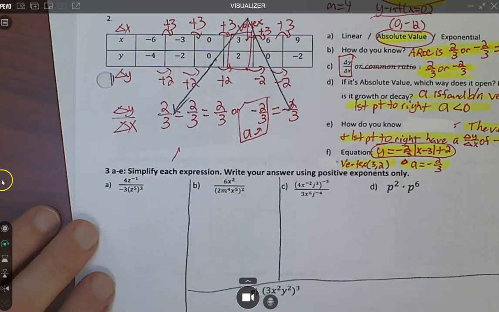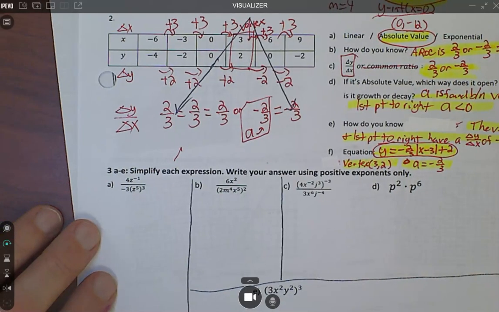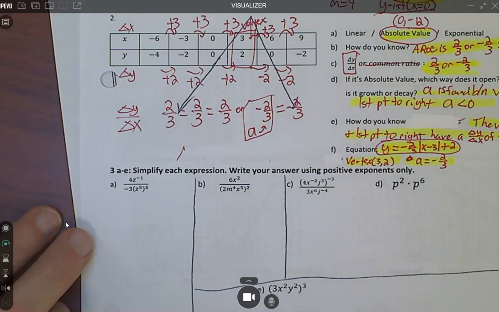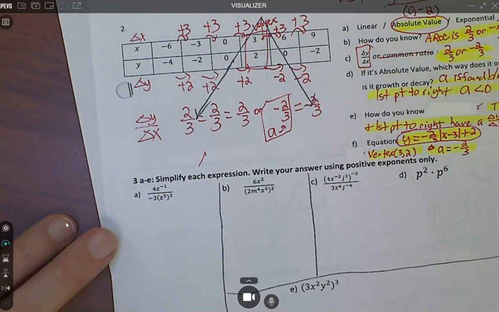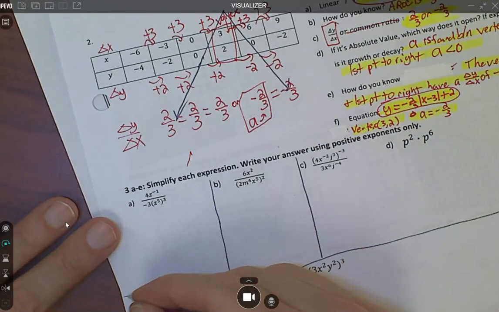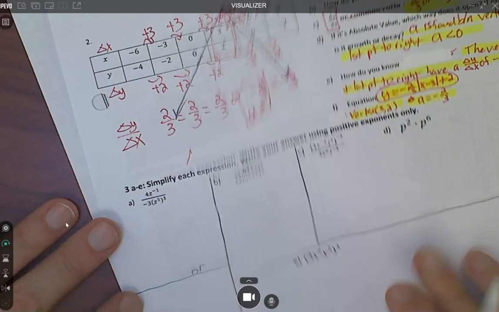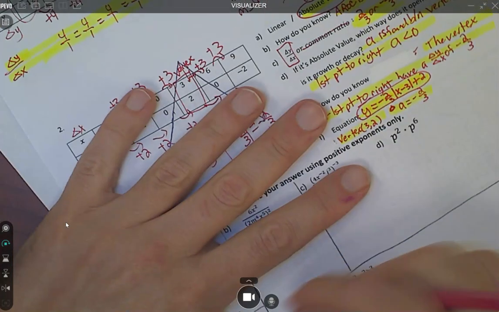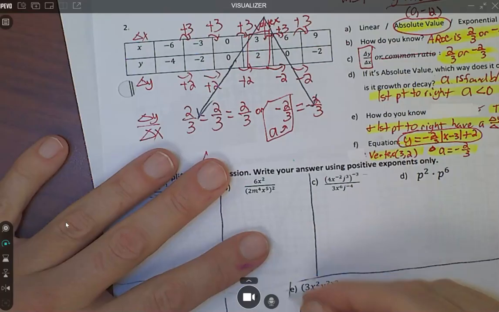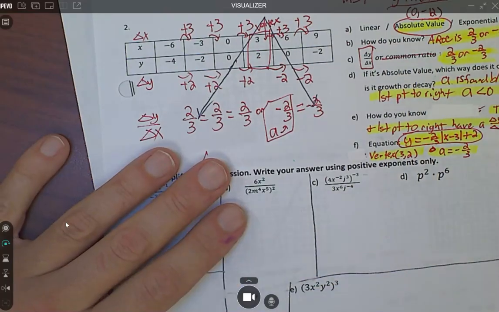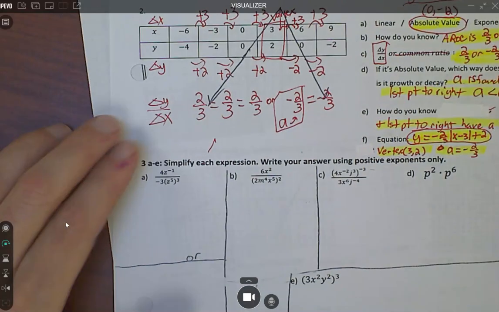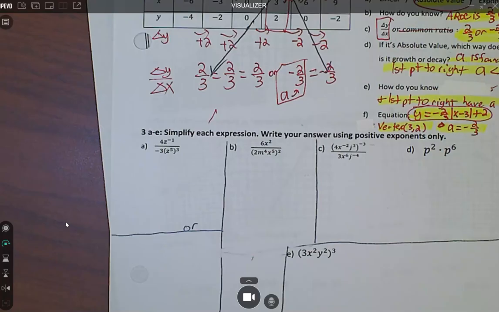I'm always going to err on the side of... Okay, so I'm going to give you the easy way, and I'm going to show you a different way.